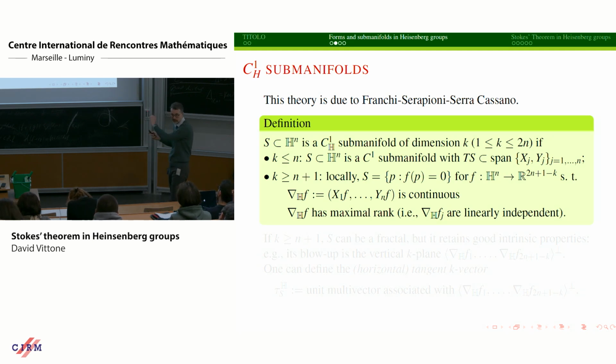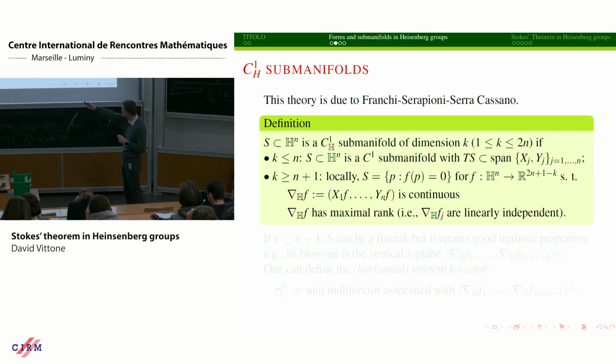Of course, this definition should be understood locally, around points of S. So locally, we can see S as the level set of a function from the Heisenberg group to R^m, where this number m is the codimension of the submanifold, okay? So that the horizontal derivatives of f are continuous. So f is C1H. We will say that f is C1H. It has continuous horizontal derivatives.